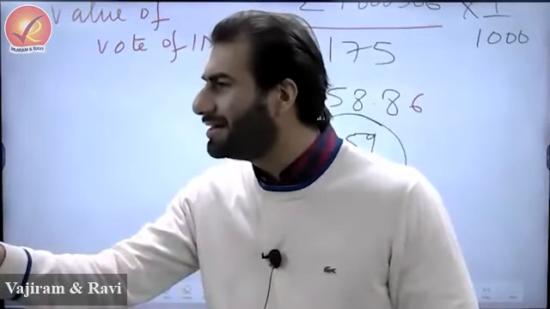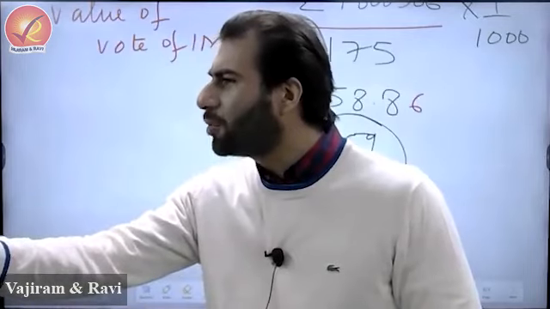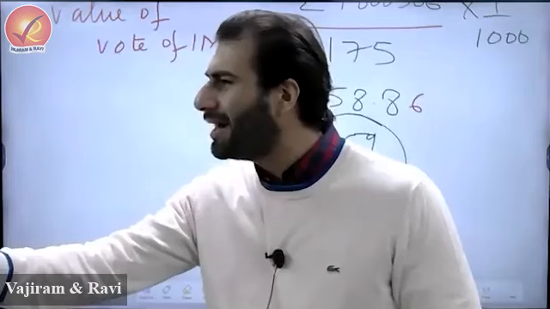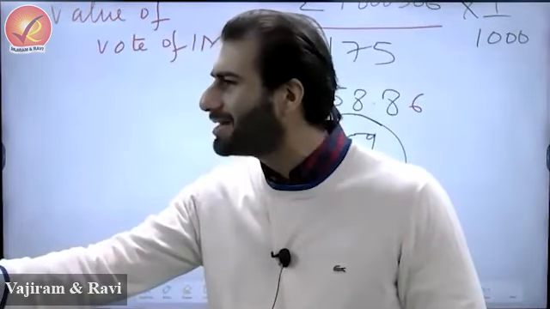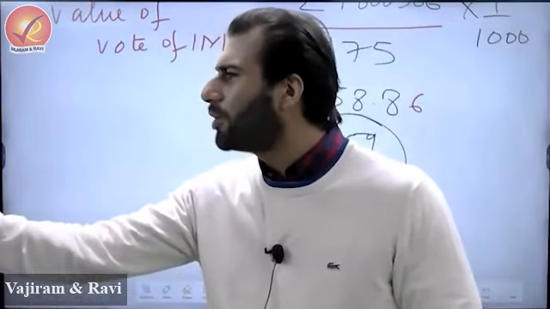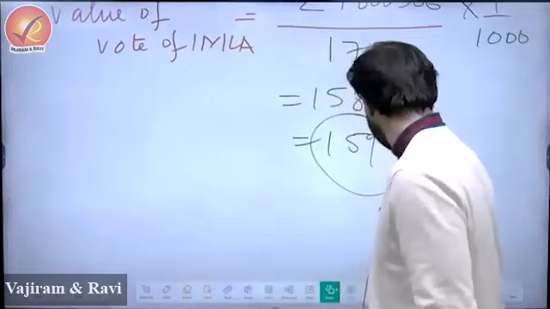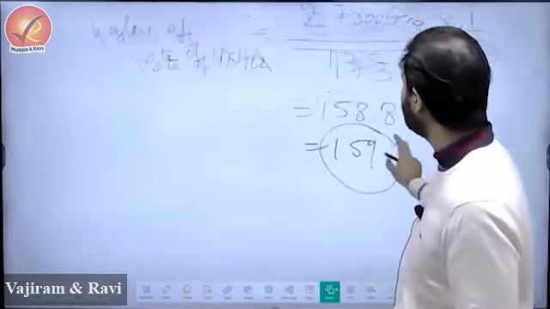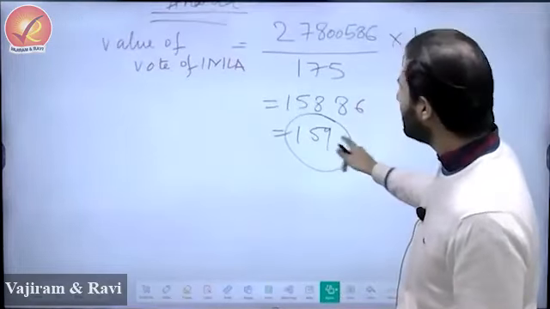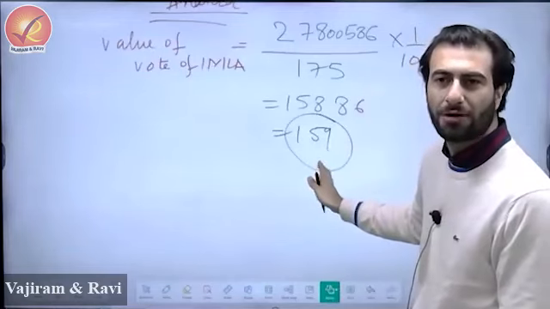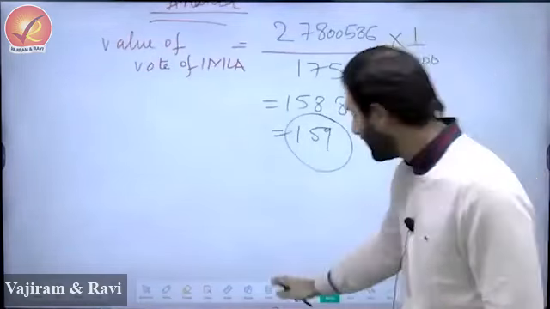So what we have done is, you know the value of the vote of each MLA from your state. I multiplied by the number of MLAs that your state has. So I got to see the total vote value of your state. For example, if I discuss Andhra, one MLA from Andhra has a vote value of 159.